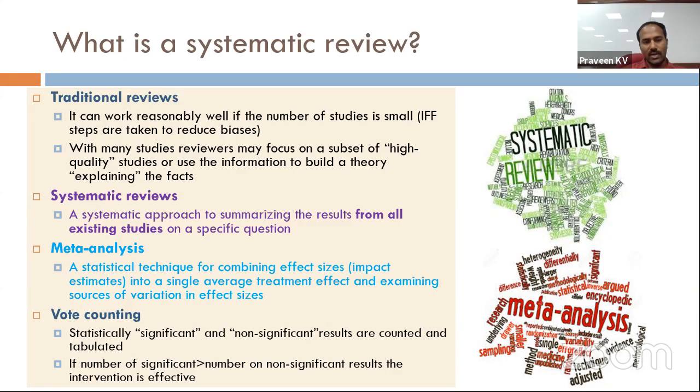What we do in traditional reviews is try to collect the maximum number of papers, articles or other things reporting anything about our topic of interest, and we place them in appropriate sequence, in order. We divide it into subsections. Okay, so that is the traditional review.